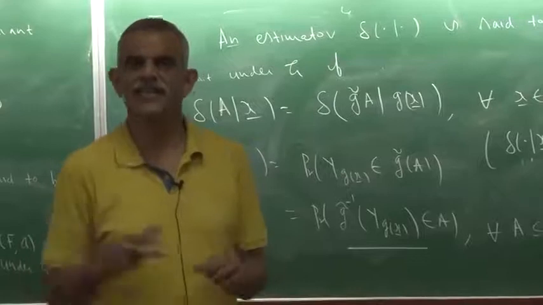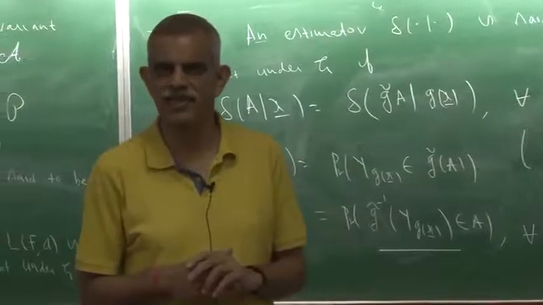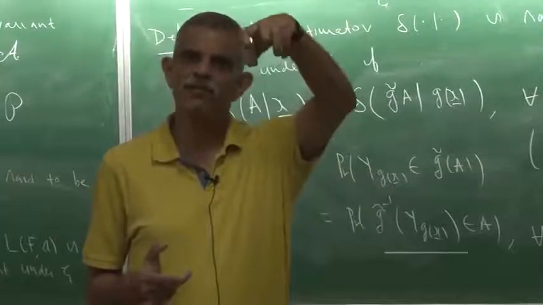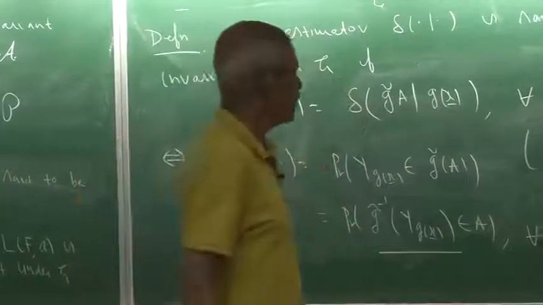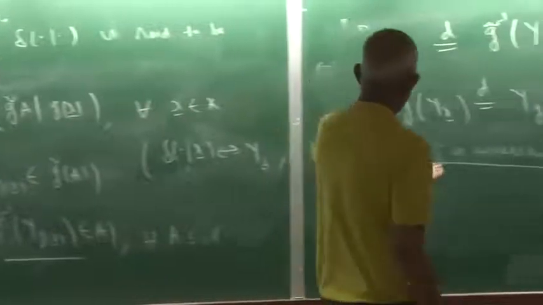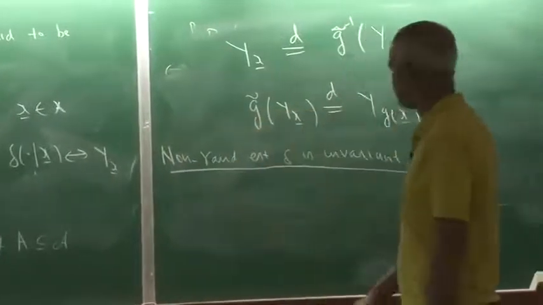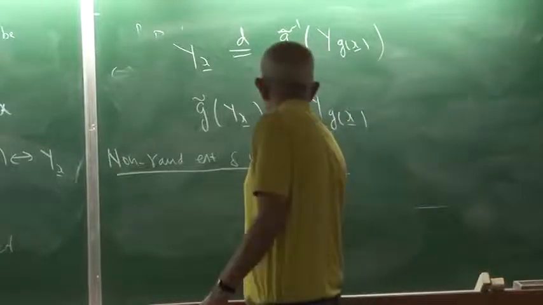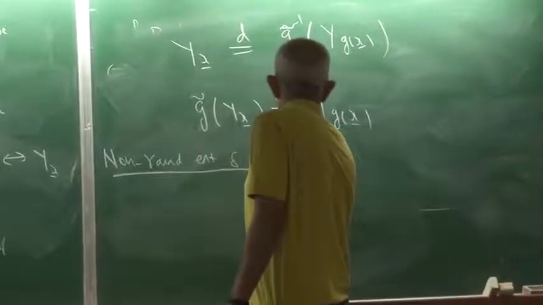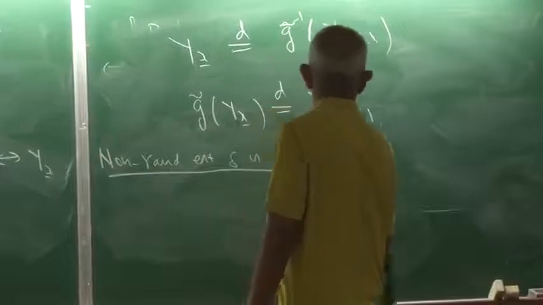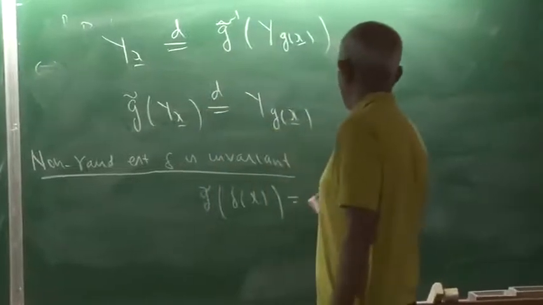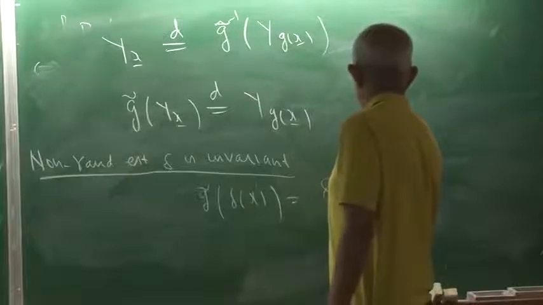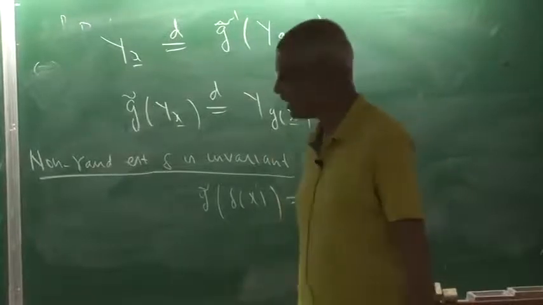So delta of x itself is an element of A, or you can say that delta of x is the point where my random variable Y_x is degenerate. So in this case delta would be invariant under what condition? Y_x is the same as, so that means g tilde of delta of x is the same as delta of g(x).